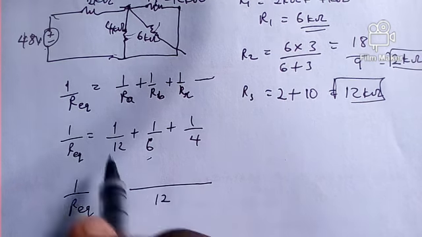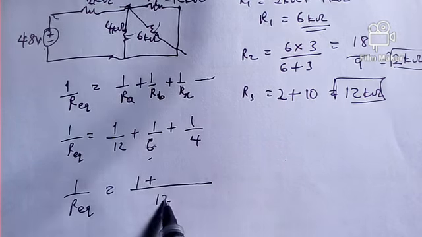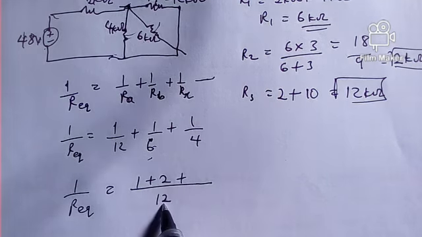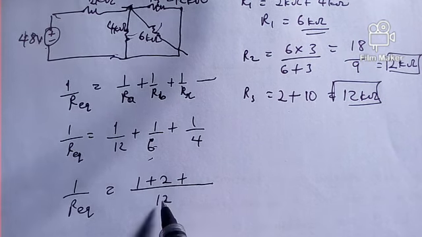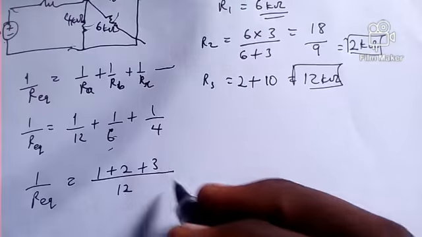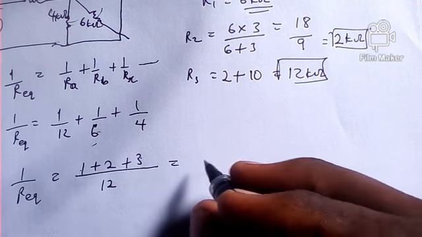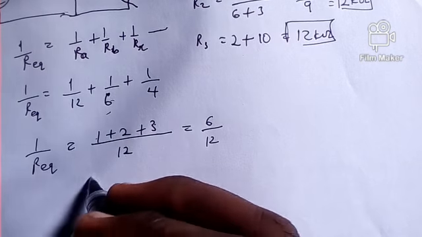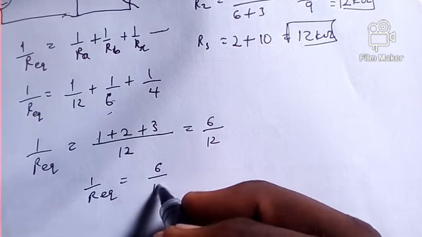So the LCM is 12. 12 into 12, we just have 1, plus 6 into 12, we have 2, plus 4 into 12, we have 3. And when we push that up, we have 1 plus 2 plus 3, and that is 6 over 12. So we have that 1 over the equivalent resistance is simply 6 over 12.